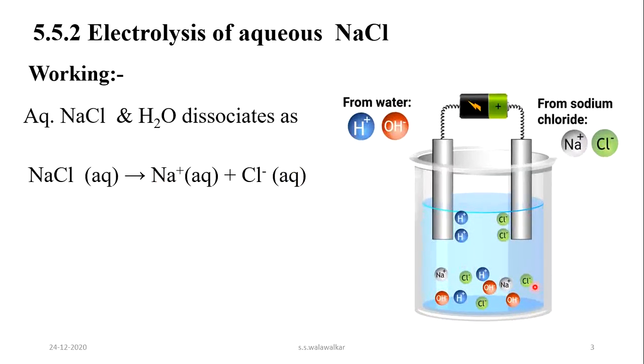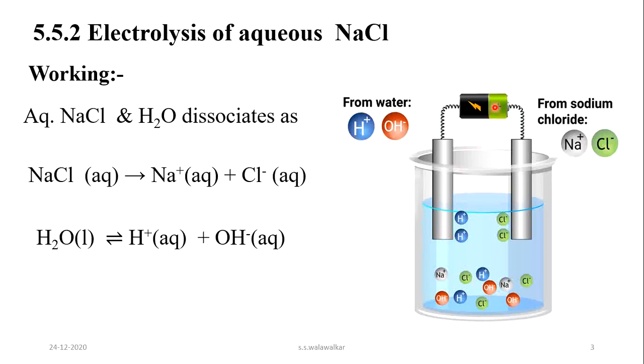So in the electrolyte solution, sodium ions and chloride ions are there. And water also dissociates partially and gives hydrogen ions and OH ions. So from water, hydrogen ions and OH ions are also there.